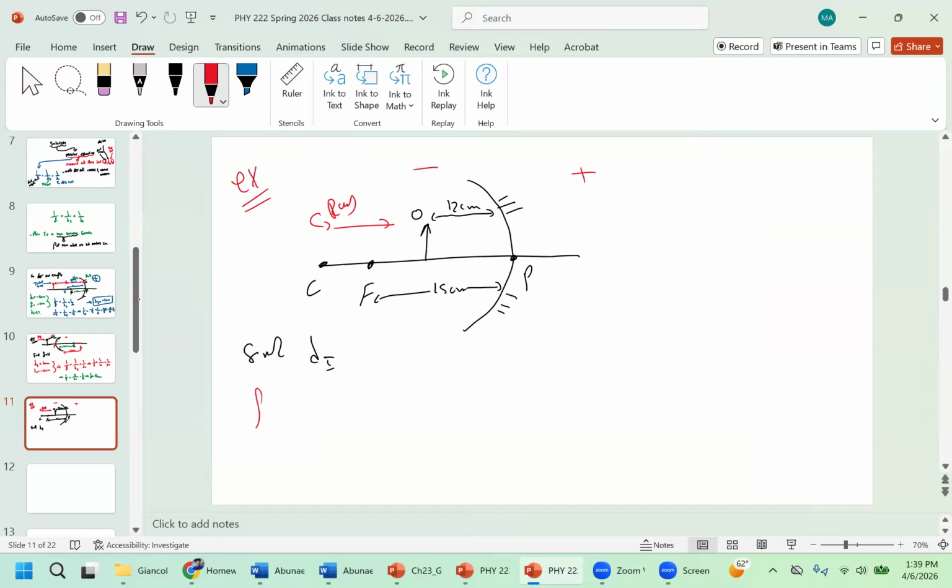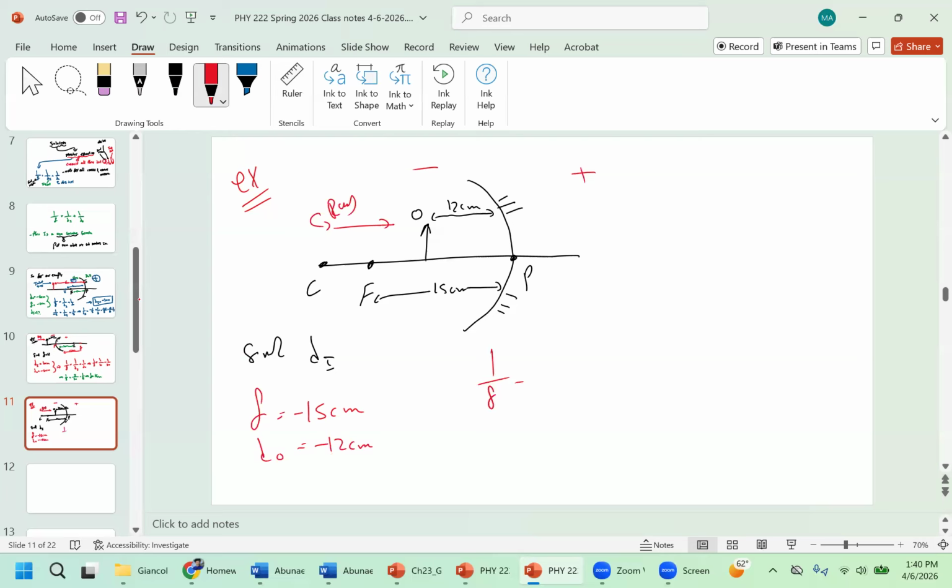That means your focus, it'd be in the negative side, be minus 15 centimeters. Your distance of the object, it'd be on this negative side, be what? Minus 12 centimeters. This is for the image, right?